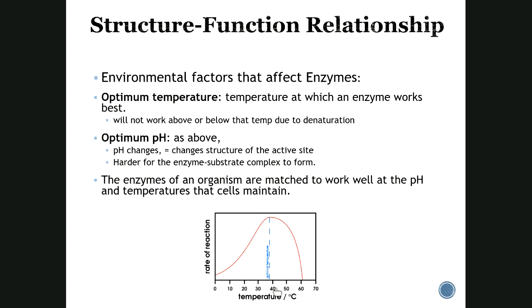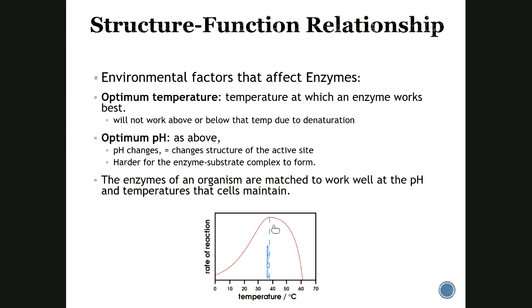You can see the reaction rate is the best at optimal temperature, which is probably 37 degrees right here. When you start going above it, you start to see the rate go down drastically. As temperature slowly goes up, the reaction rate's getting better. So your money zone is right here.